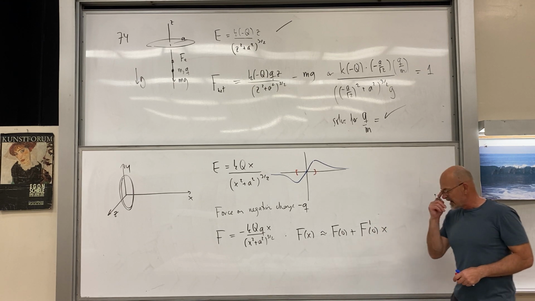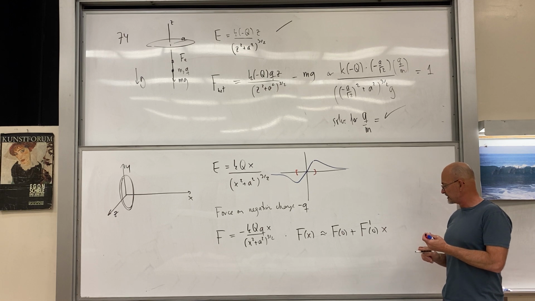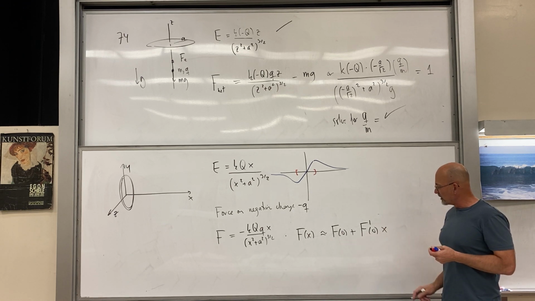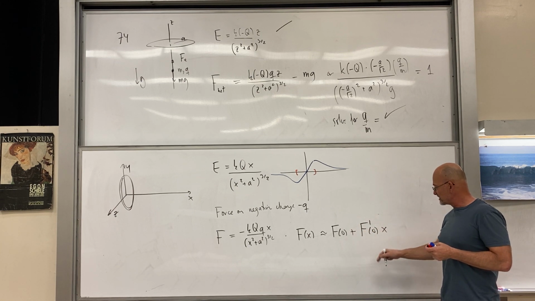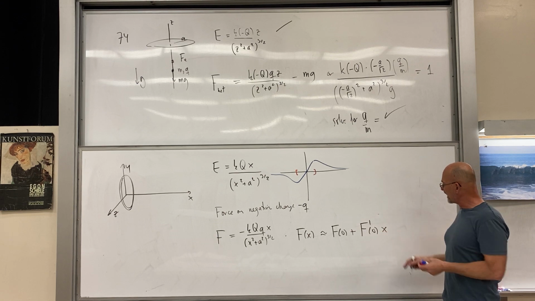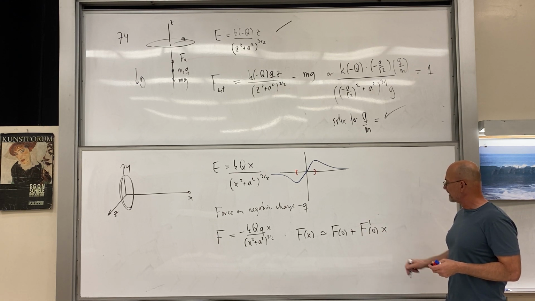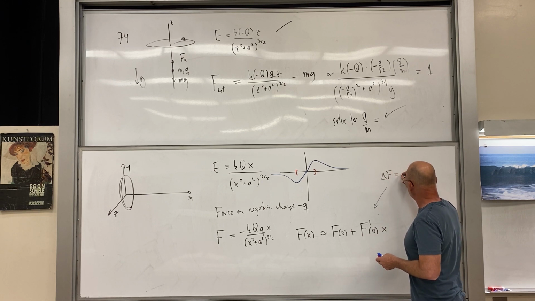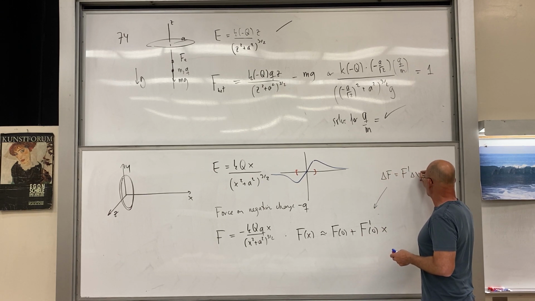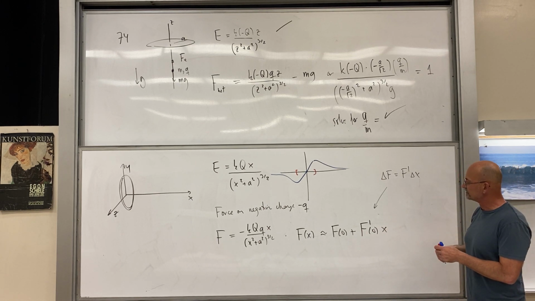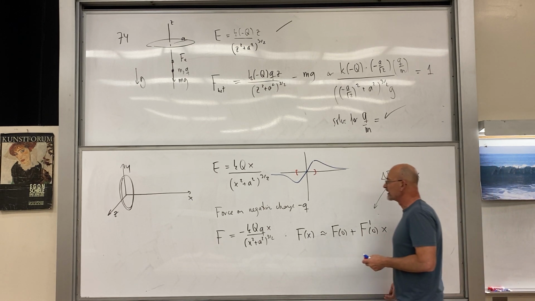That's either the first two terms of the Taylor expansion around 0, or you can just take that as the definition of the approximation. We did this last time, so we could say delta f is equal to f prime delta x, that kind of approximation. But we're going to go ahead and use this right here. So let's do this expansion.